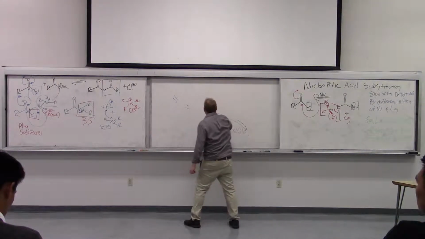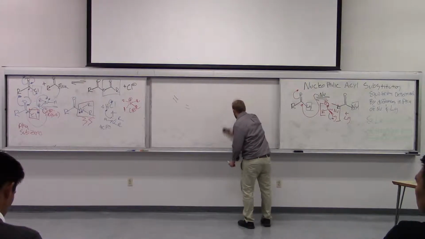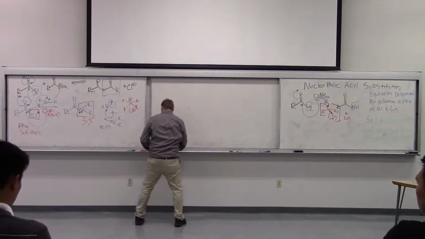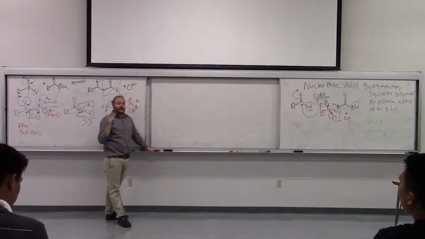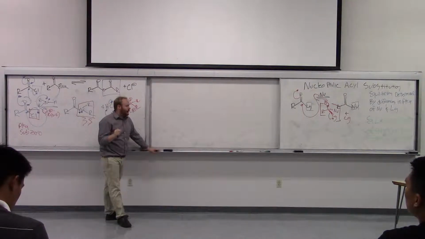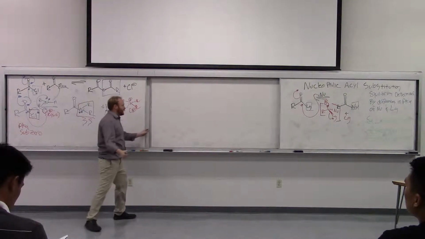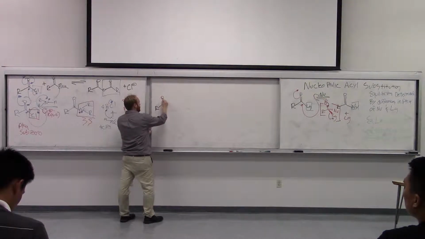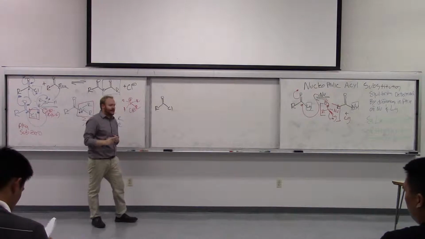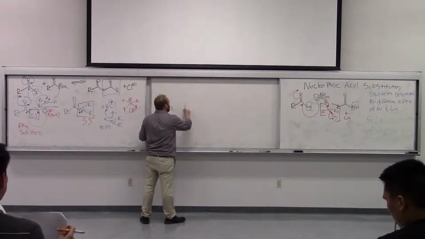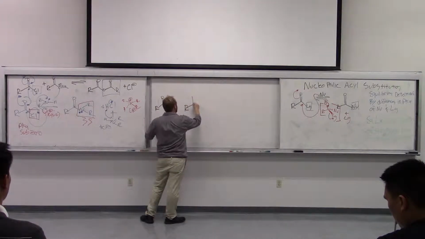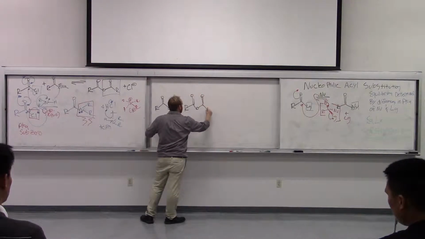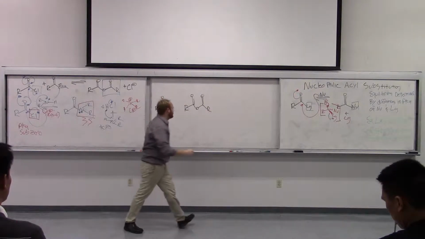In this part of the chapter at least, we're going to focus on several different carboxylic acid equivalents. We started out with acid chlorides. We have acetic anhydrides.